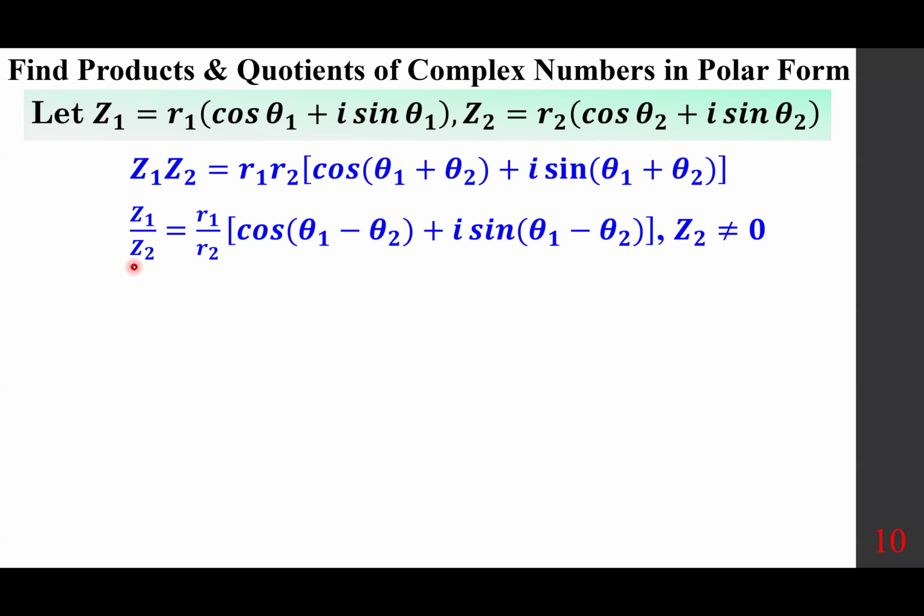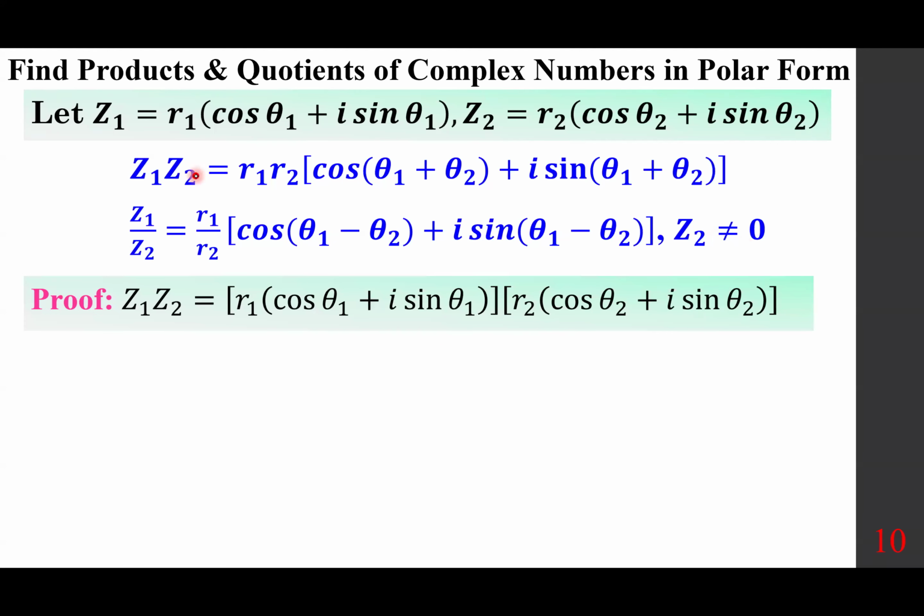I'm going to go over the proof quickly for the first one. So Z1 Z2. Let's multiply. So what happens? You're multiplying all of these.